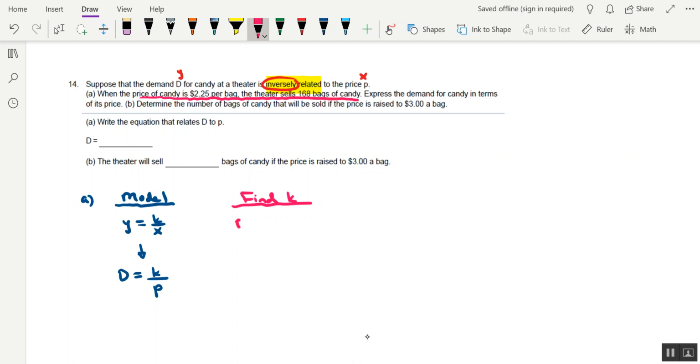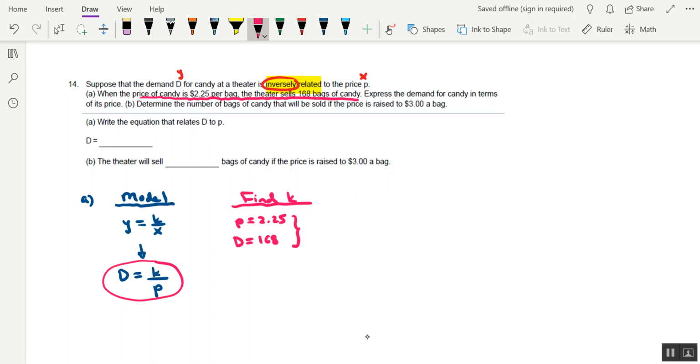Well, 2.25 is a particular value of P, and the number of bags the theater sold, 168, is a particular value of D. That's how much the people demanded at this price. And what you're going to do is fold this into our equation or our model that we just tweaked with the variables d and p, and that'll allow us to solve for k.